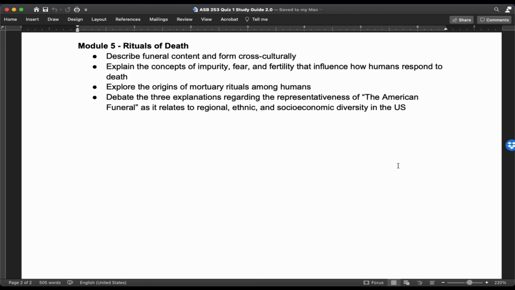And finally, I had you read Hayslip et al.'s piece on the American funeral. It was my hope that you would gain an understanding of the fact that the American funeral doesn't necessarily reflect the sort of regional, ethnic, and socioeconomic diversity we have here in the United States nowadays.